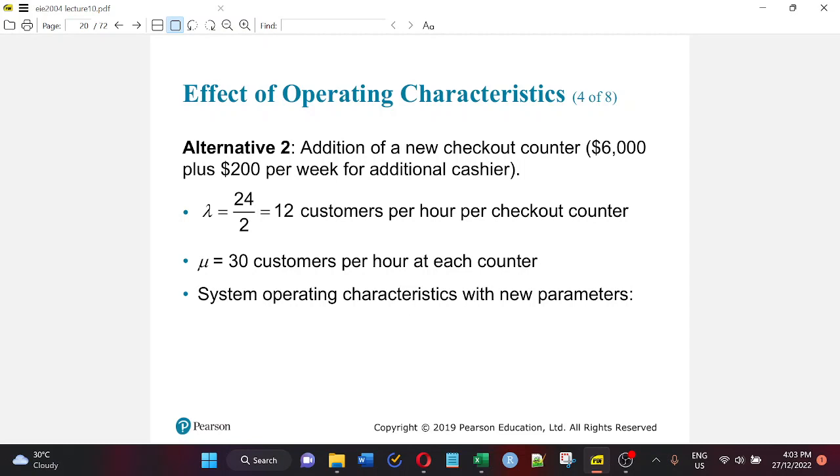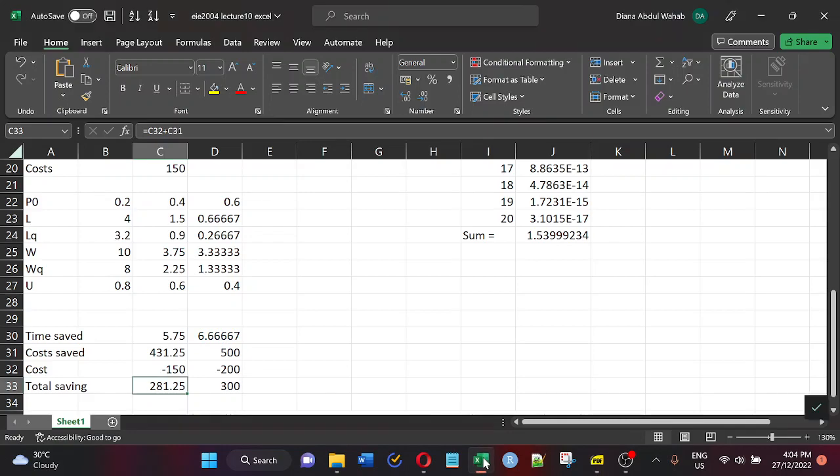By having this, you are actually dividing the arrival of the customers into 2 checkout counters. So originally the arrival rate is 24, you divide by 2, so you have 12 for each of the counter, and the service is still the same because each of the counter can still serve the 30 customers per hour.